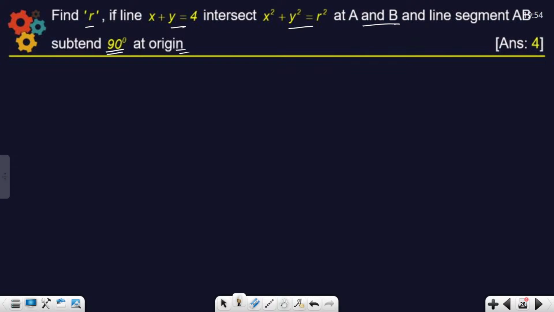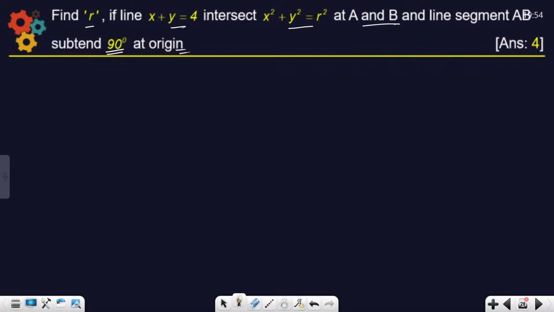Whenever this type of problem comes in our JEE Mains as well as Advanced, they will give you the task to homogenize an equation, and definitely they will give you some conditions. In 95% of cases, they say that this pair of lines makes an angle of 90 degrees at the origin.